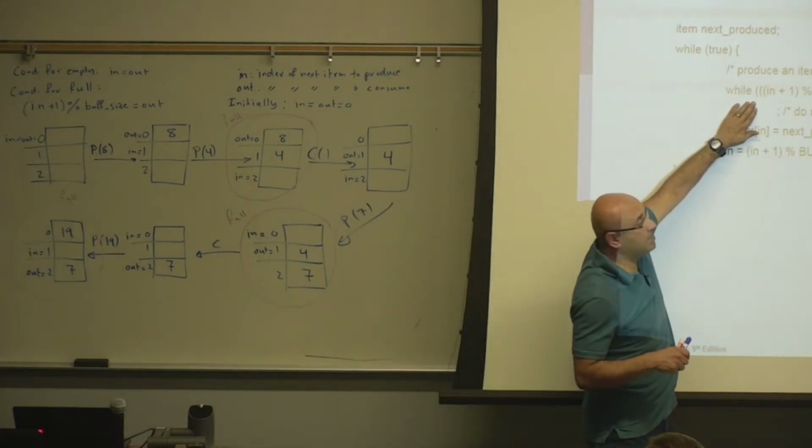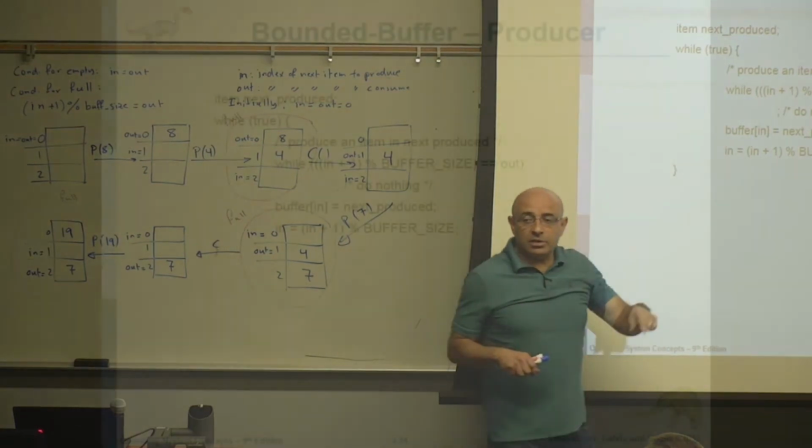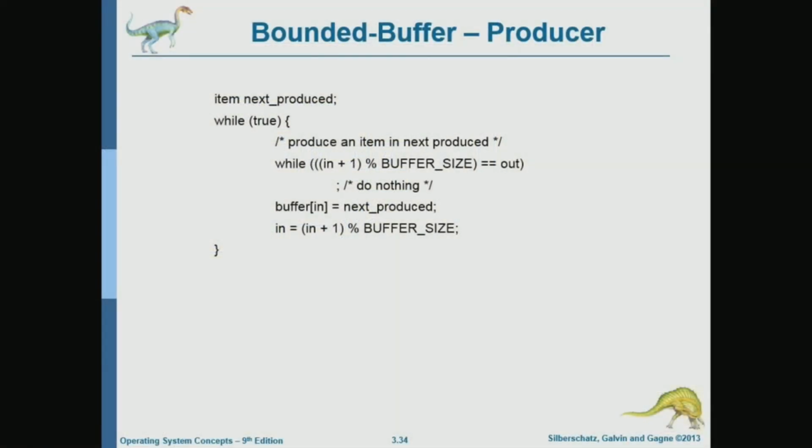We call this busy waiting, because the producer is continuously checking on this condition. We will see more efficient ways of making a process wait in chapter 5. In chapter 5, we will be looking into more advanced ways of synchronizing the producer and the consumer without wasting CPU cycles. Here the producer is wasting tons of CPU cycles waiting for this condition to become false.